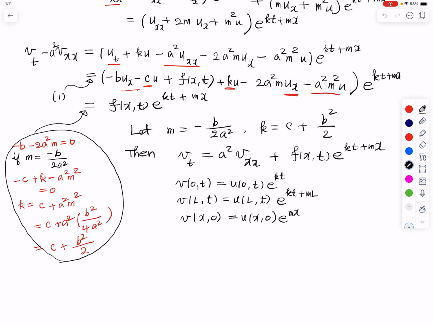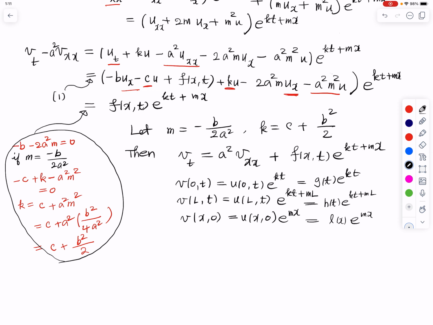So that would be gt exponential kt, and then ht exponential kt plus ml, and lx e to the mx.